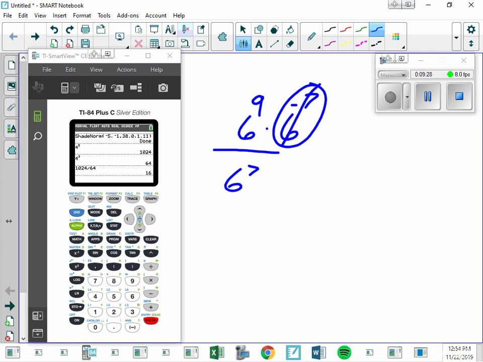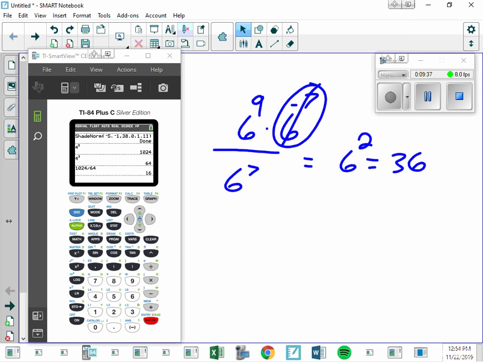On top or on bottom? On top. Which is 36. Okay. What if I swapped those? So this was a 9, and that was a 7. Then the answer would be 1 over 36. Okay, we don't want decimal answers, we want fraction answers. All right.